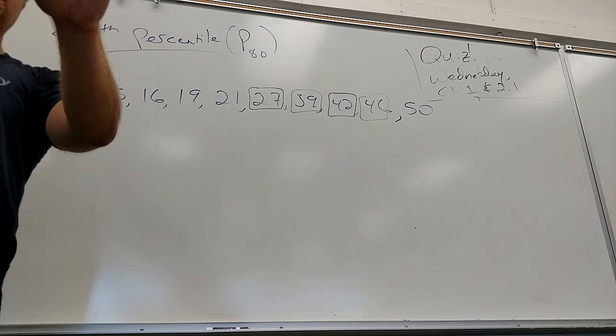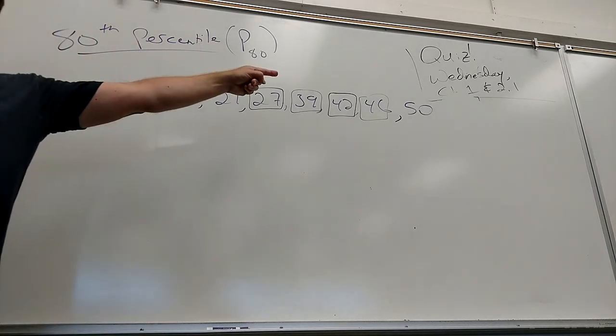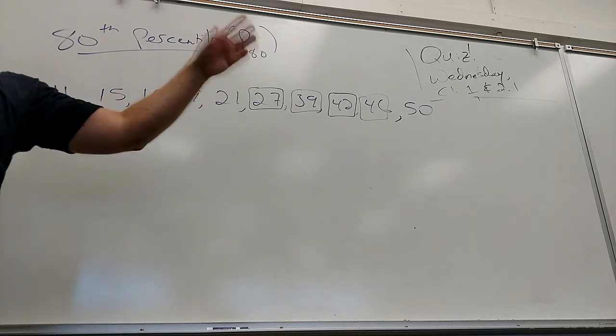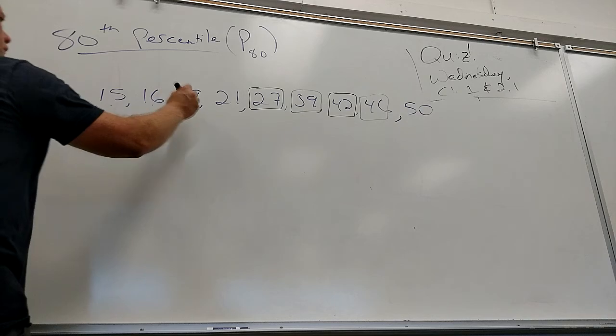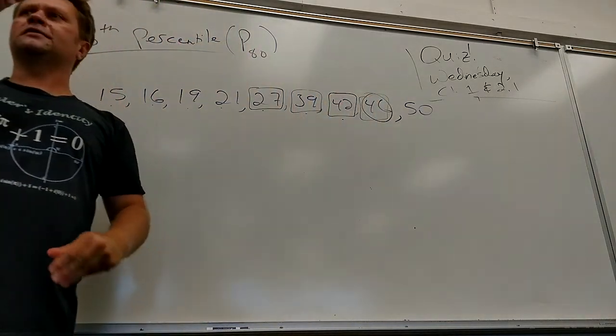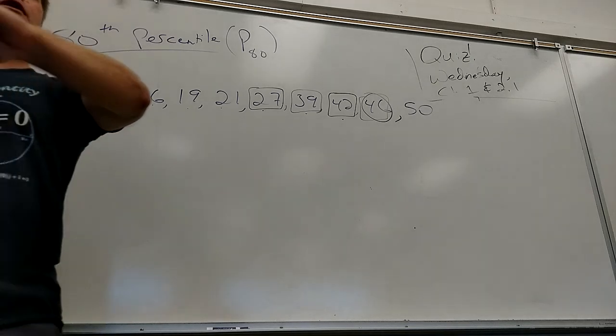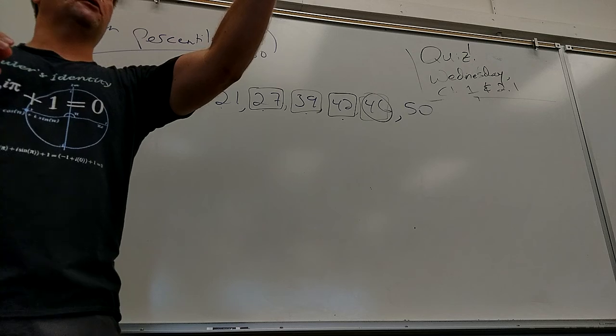Now, this is a little evil question, really. 80th percentile means that 80% should be below you, and 80% of 10 people is 8 people. So 1, 2, 3, 4, 5, 6, 7, 8. So it seems like that would be the right answer. But it isn't. Because if you're in the 80th percentile, how many should be above you? 20%. 2 people, right?